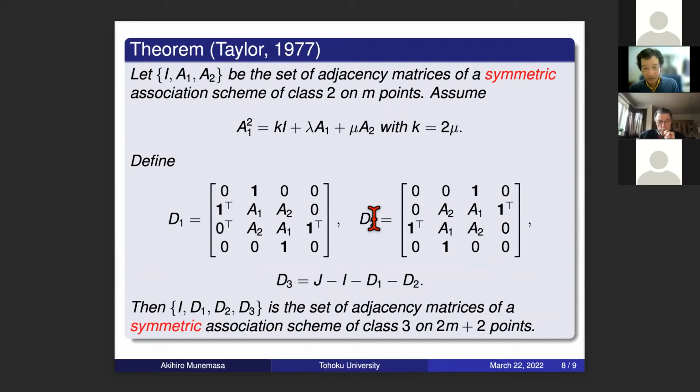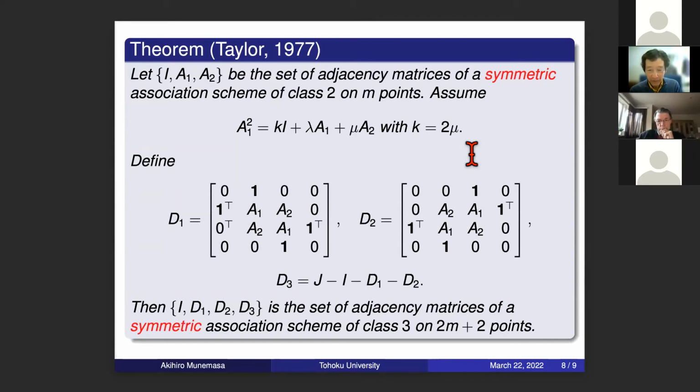So if you are familiar with the theory of strongly regular graphs, this is nothing but a strongly regular graph with parameters k, lambda, mu. These are the coefficients appearing in the expansion of A1 squared in terms of identity, A1 and A2. There is an additional assumption, k has to be equal to 2 times mu. Not every strongly regular graph satisfies this condition, but some do.